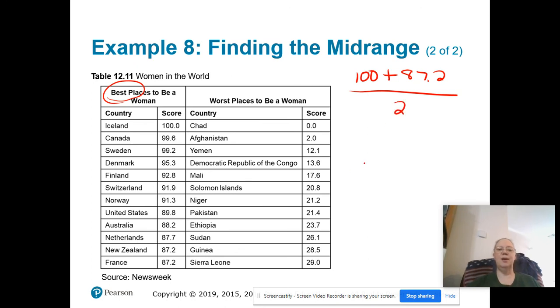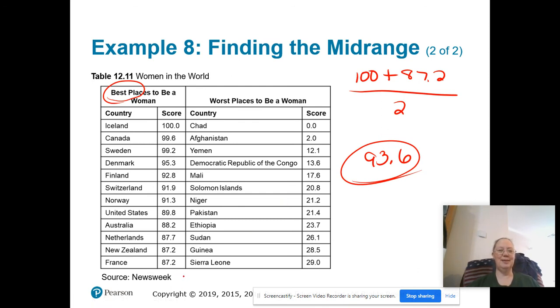And we're going to add those up and divide by 2. So 100, we're going to add 87.2, and we're going to divide that by 2, and we get 93.6 for the mid-range.